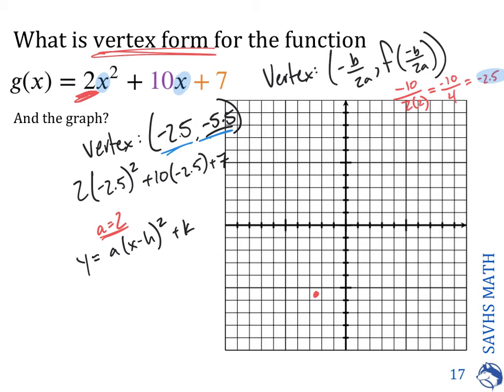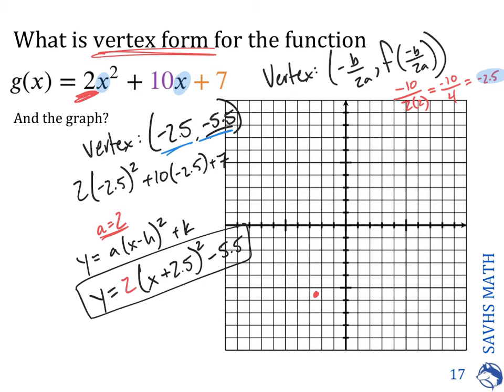So I can rewrite y equals 2 times x plus 2.5 squared minus 5.5. This is in vertex form now. This is the same function as this one. They're equal, they do the same thing.